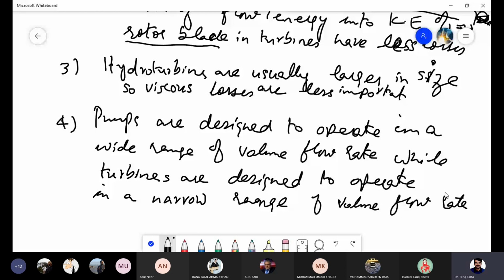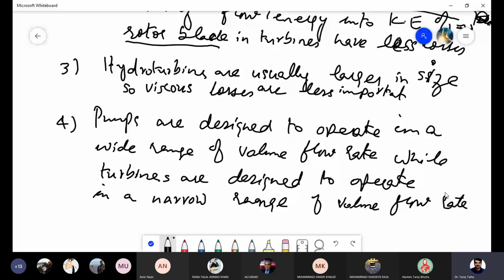So that's why we can optimize turbines very easily, because the range of volumetric flow rate involved in turbines is quite narrow, so we can design it accordingly to have the maximum efficiency. But that cannot be done for pumps, because pumps are required to operate in a quite wide range of volume flow rate depending upon the application.